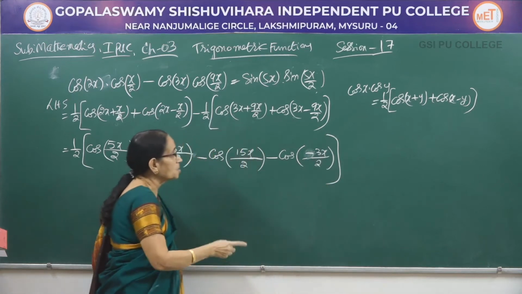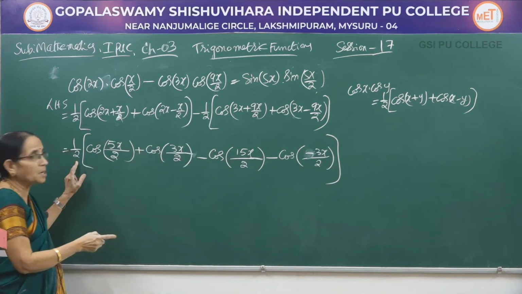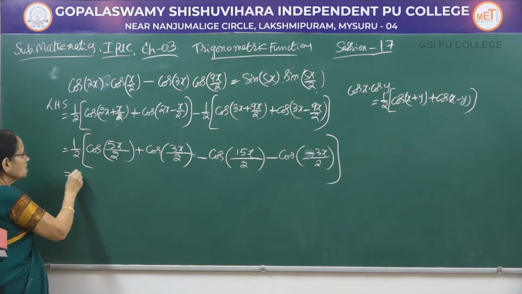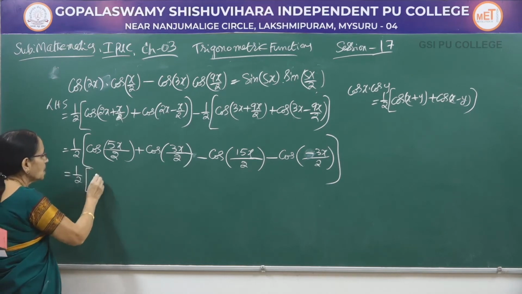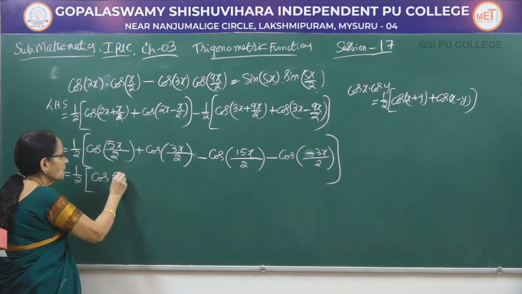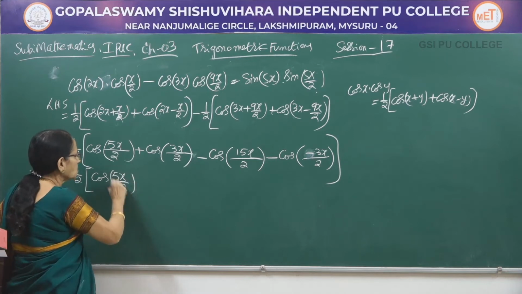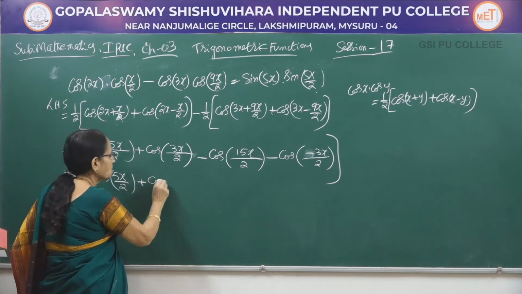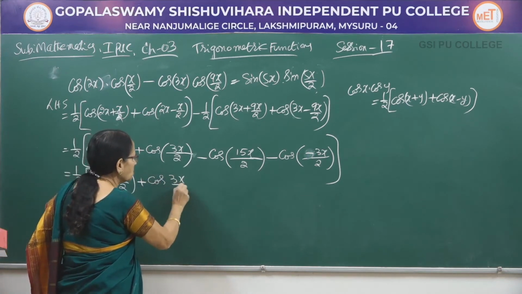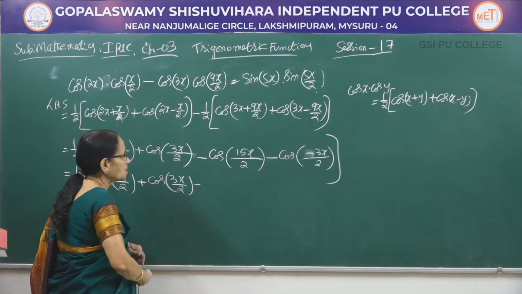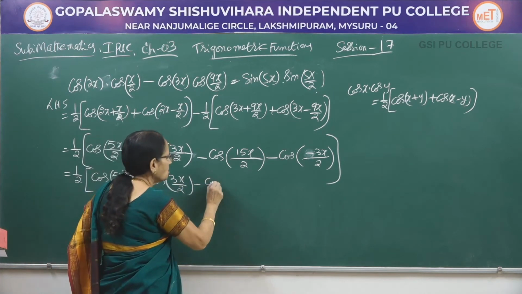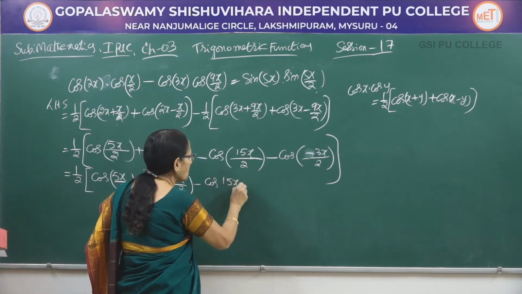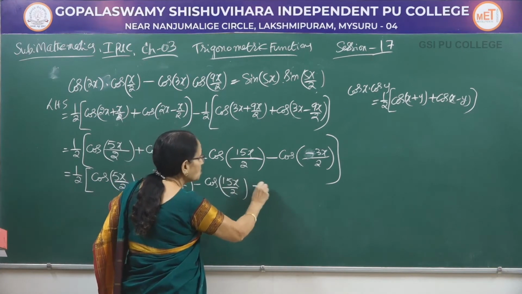Close the bracket, because all these terms now should be multiplied by half. Now, this is half of cos of 5x by 2 plus cos of 3x by 2 minus cos of 15x by 2, minus cos of minus 3x by 2. Now, come to this one.